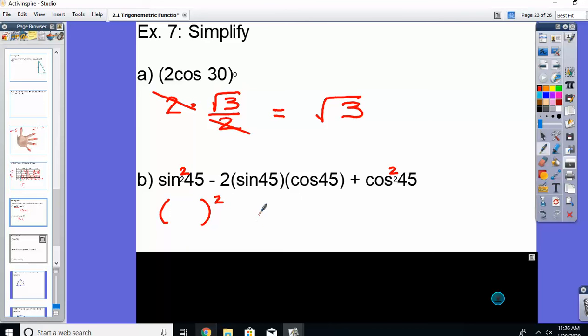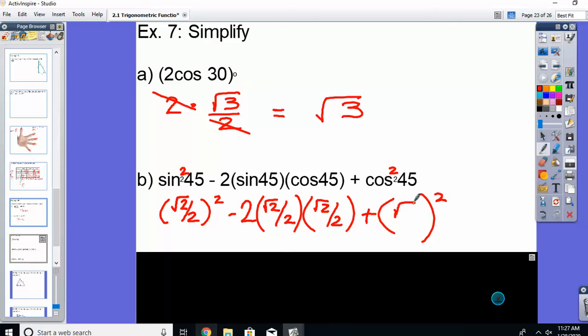So 45, fold that in. Sine is the top, so that's 2 fingers. So sine of 45 is radical 2 over 2. Minus 2 times sine of 45, we just said was radical 2 over 2. Times, what's the cosine of 45? Plus the cosine of 45 squared, so radical 2 over 2 squared.